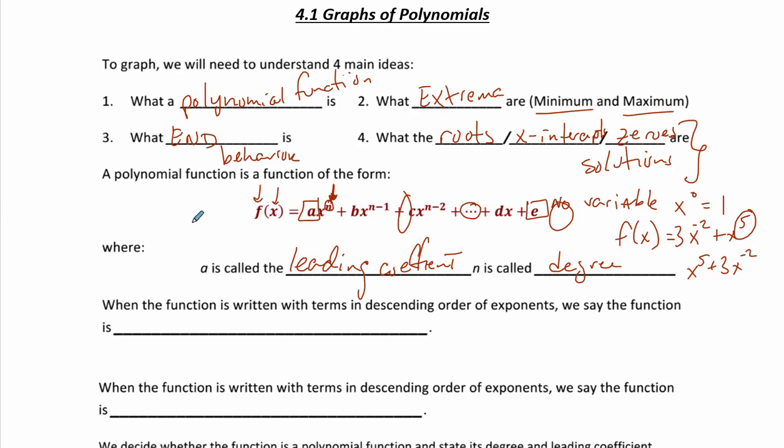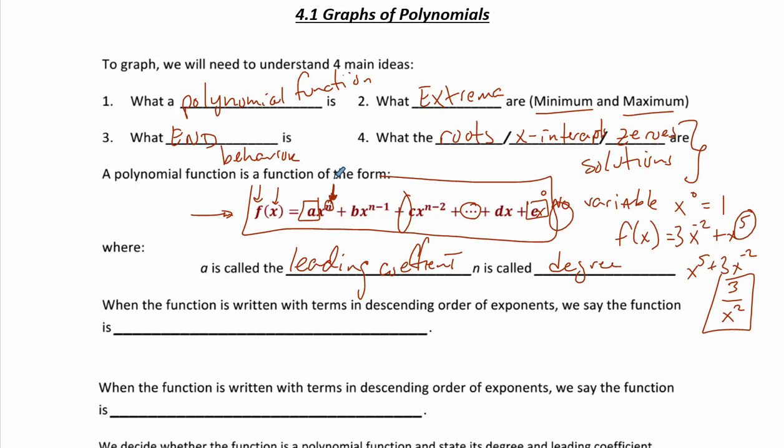But what this polynomial function says is I cannot have x's in a denominator. The exponents of my variables have to be positive numbers. This is x to the 0, and that's where it stops, remember? It doesn't go negative 1, negative 2. Because what would actually happen is this would be 3 over x squared, and this is a fraction, and there's nothing up here that talks about fractions.